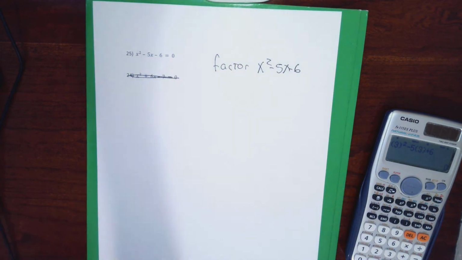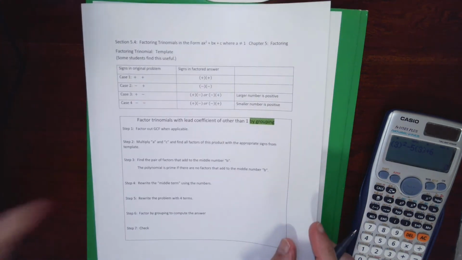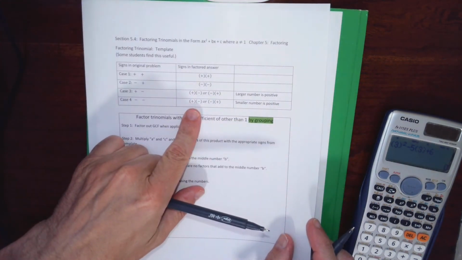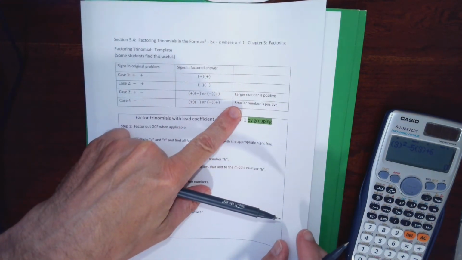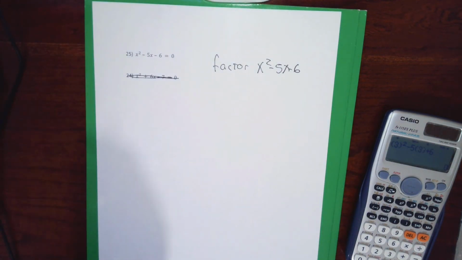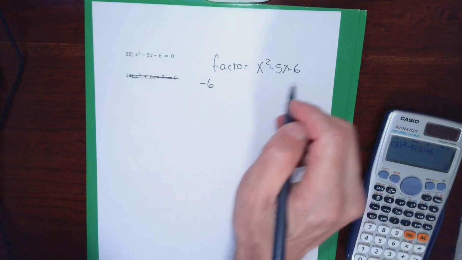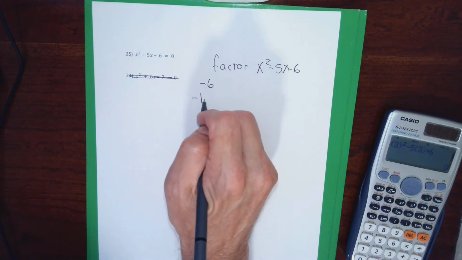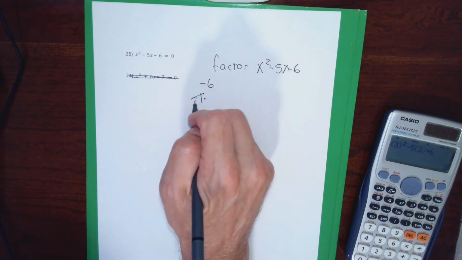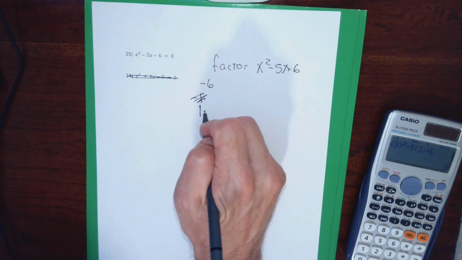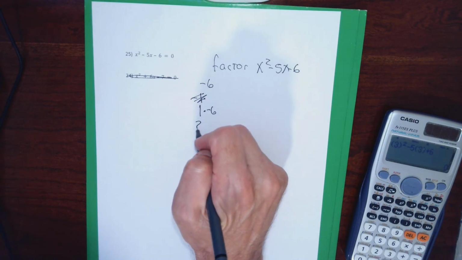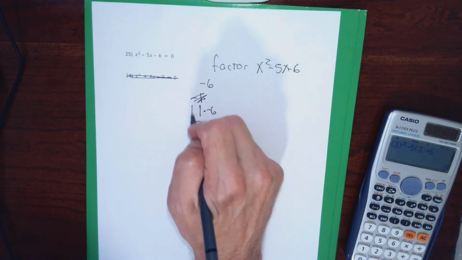My template tells me that I need the plus minus factors of minus 6, smaller number positive. I'm going to sight factor and not group because there's not a number in front of the squared. So for the minus 6, I'm going to go, smaller number positive, bigger number negative: positive 1 and negative 6, positive 2 and negative 3.